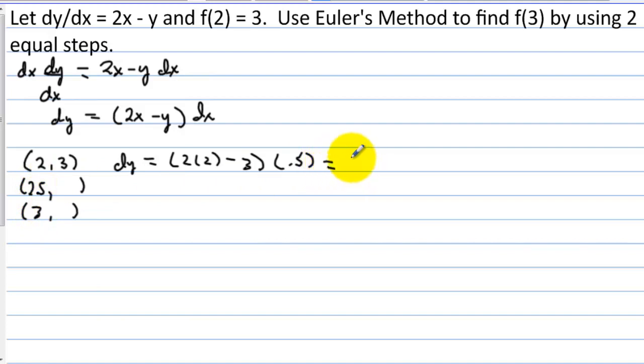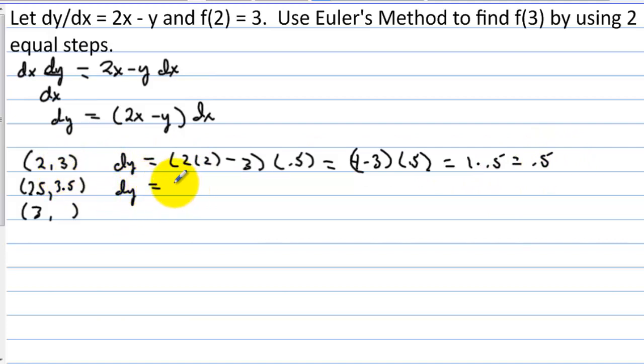That's equal to 4 minus 3 times 0.5, which is 1 times 0.5, which is 0.5. So y changes by 0.5 when x changes by 0.5. So we have 3.5, because that's not what y is, that's how much it's changing. So we add 0.5 to 3.